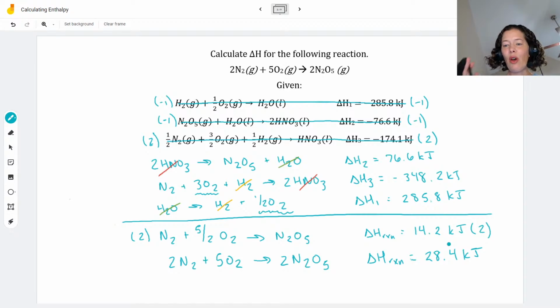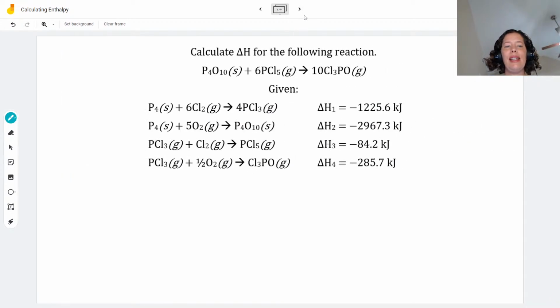All right, so this is our Hess's law. We've calculated our delta H of reaction. I'd like to practice one more Hess's law. This one's a bit of a doozy. So we have our reaction here that we want to calculate our delta H for.